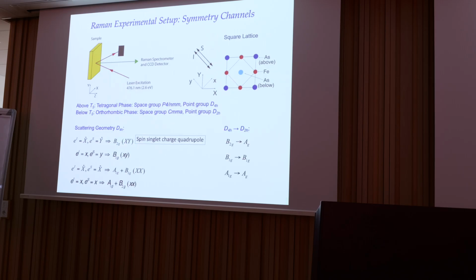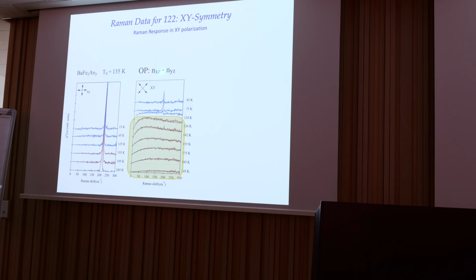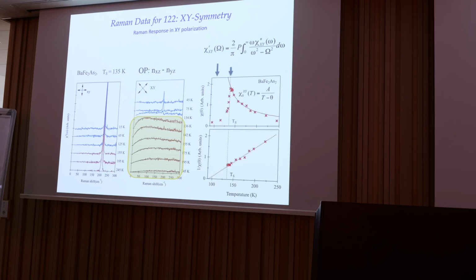This is the B2G channel, this is some other B1G channel, and you can see that above the nematic transition there is a broad feature, which softens towards cooling, and then the transition happens. The nematic gap opens up, and so this condenses, and this fluctuation goes away.